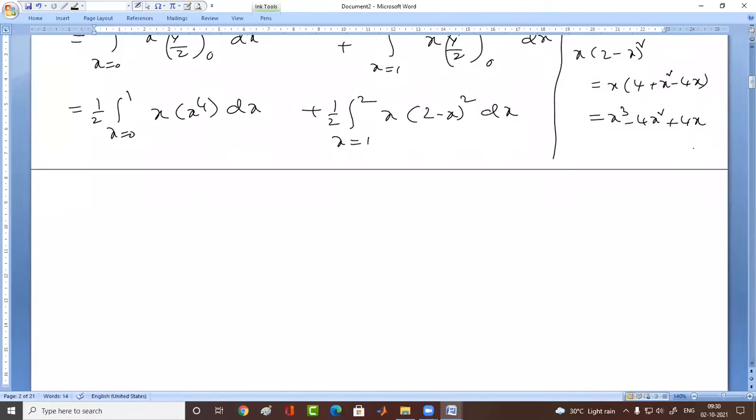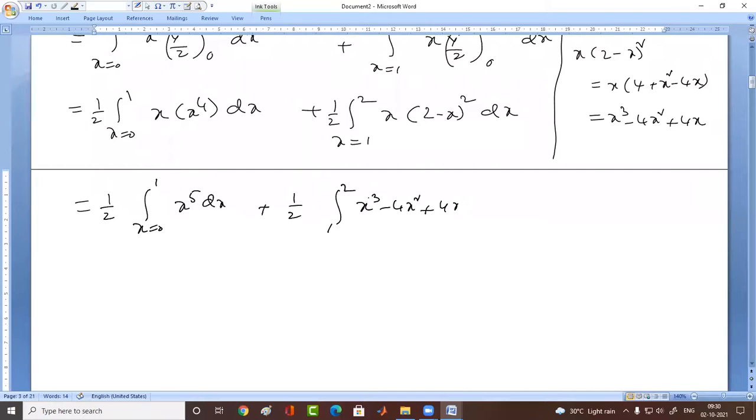After simplifying, x from 0 to 1, x power 5 dx, plus 1 by 2 into the integral from 1 to 2 of x cubed minus 4x squared plus 4x dx.